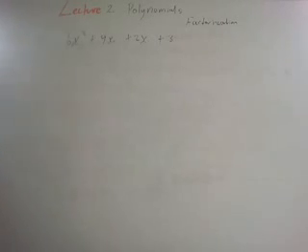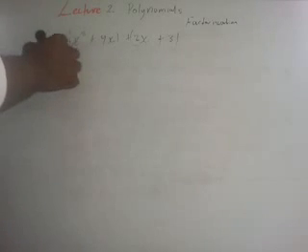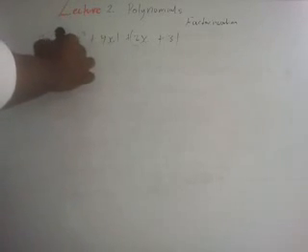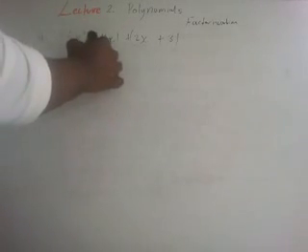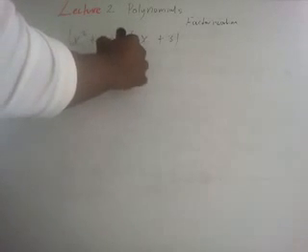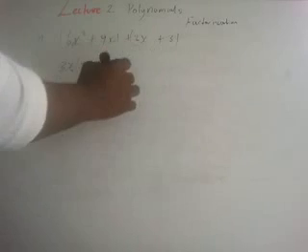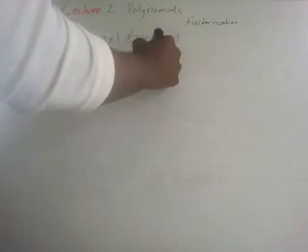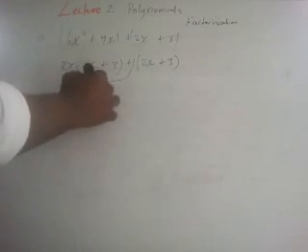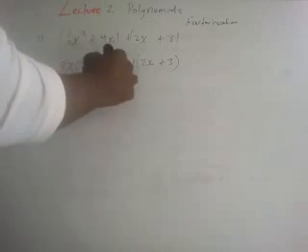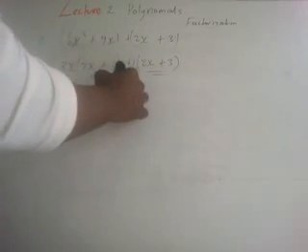We can automatically group and factorize because we already have 4 terms, and the aim of finding the two products of b is to have 4 terms in the equation, so we can group and factorize. We can factor out a 3x, leaving us with 3 times 2 is 6 plus 3 times 3 is 9. And here we can factor out a positive 1, leaving us with 2x plus 3, and these two must be put in one bracket, and we just write back one of the common factors.